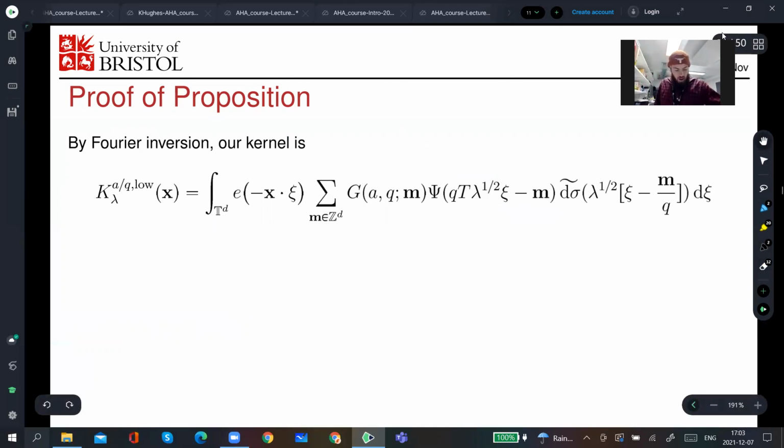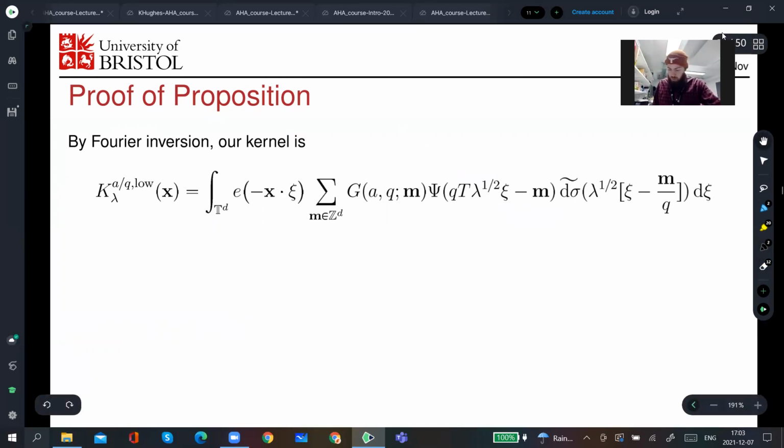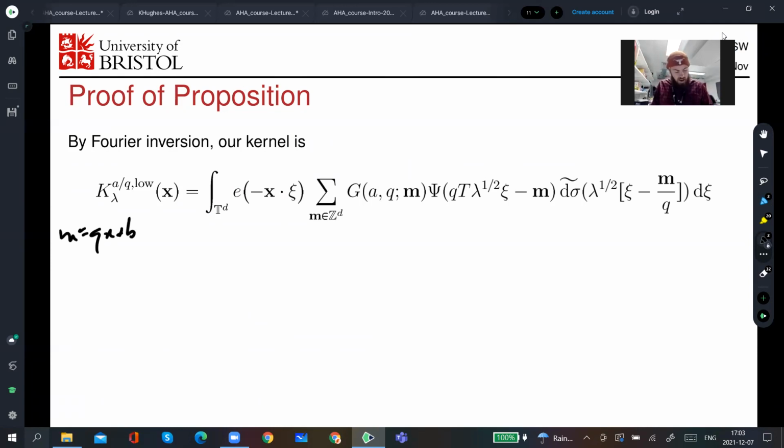Great. The way I'm going to do this is I'm going to write every m in Z^d as q times n plus b, where n is an integer point in Z^d, and b is something in Z mod q to the d.